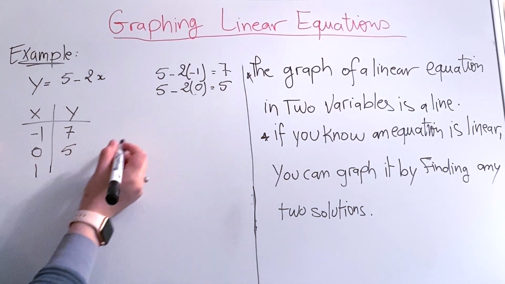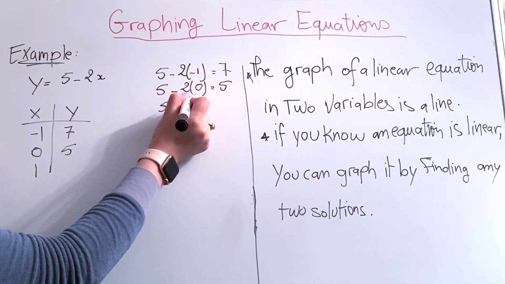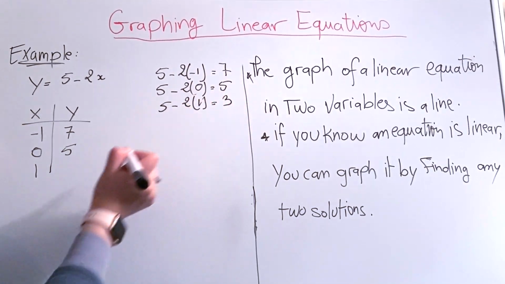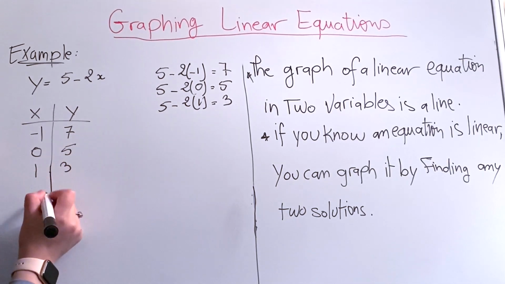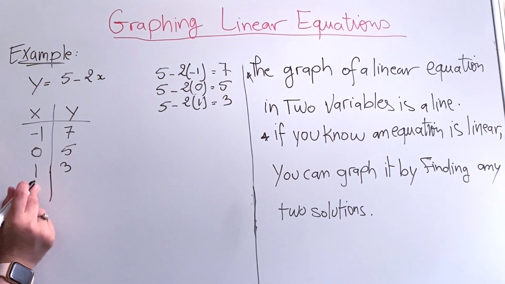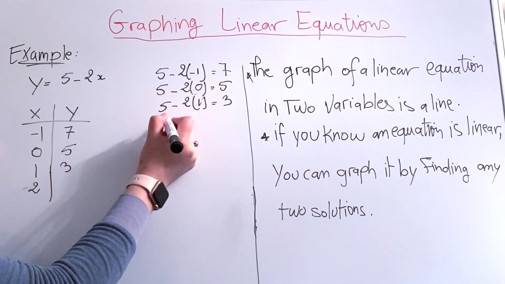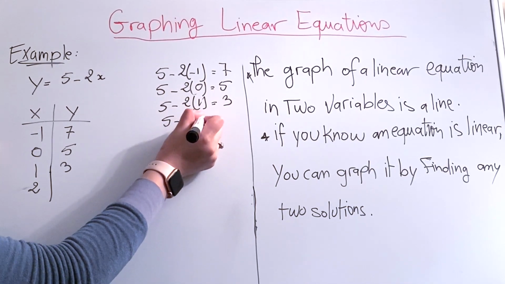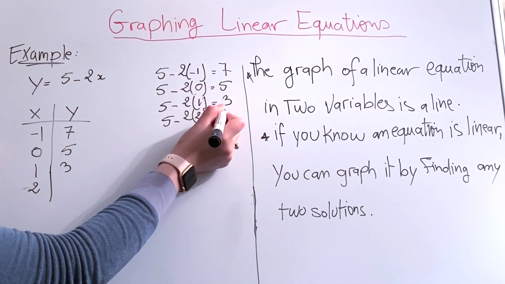We take 1, we have 5 minus 2 multiplied by 1, that's equal to 3, so y equal to 3. We take another point, 2, so 5 minus 2 multiplied by 2, that's equal to 1.